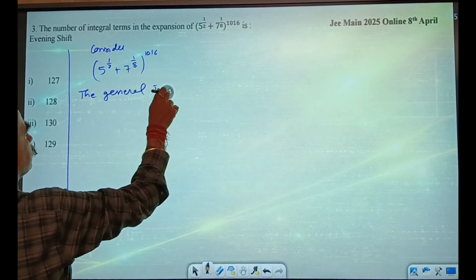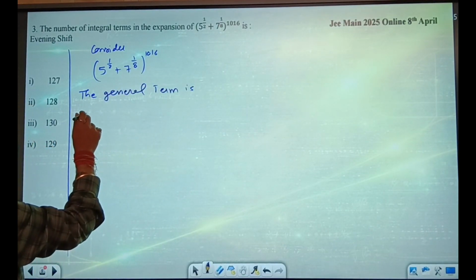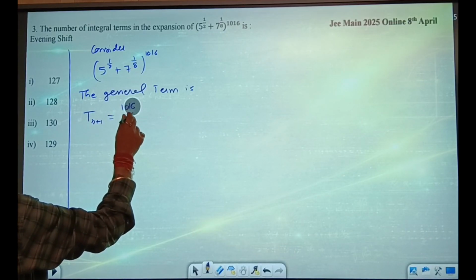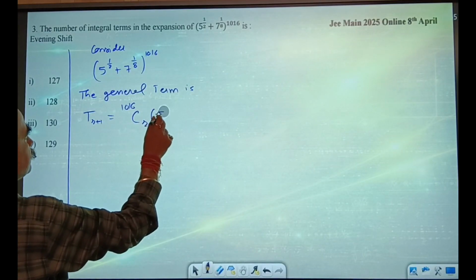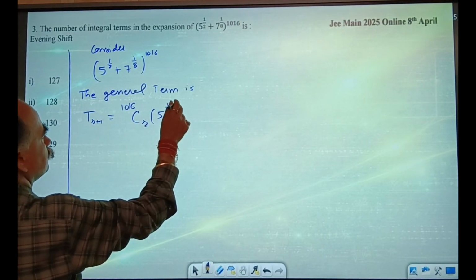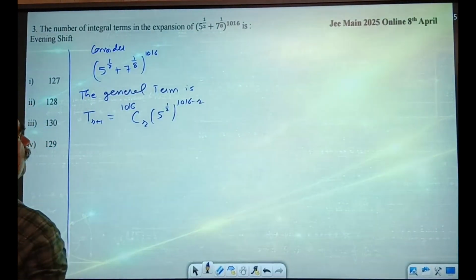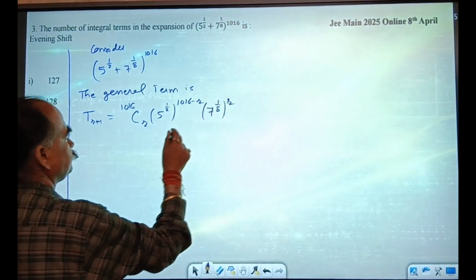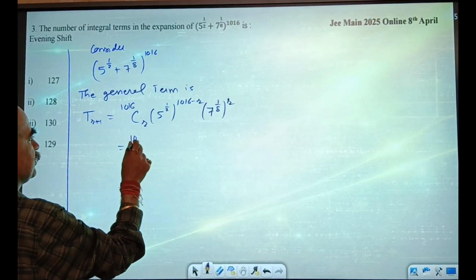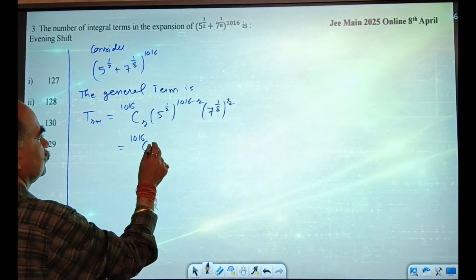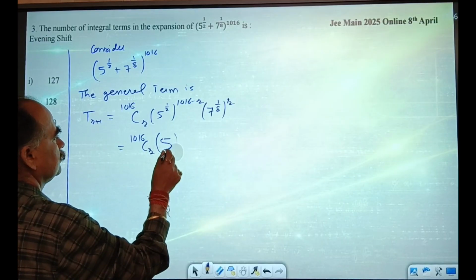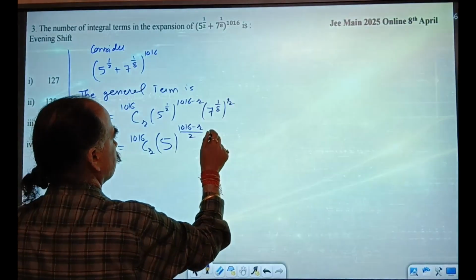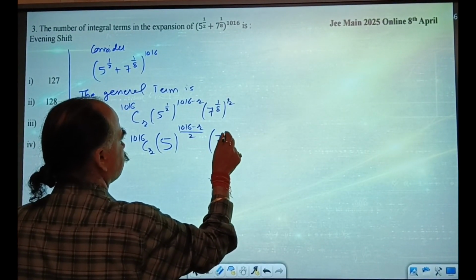The general term is T(R+1) equals 1016CR 5^((1016−R)/2) 7^(R/8), that is, 1016CR times 5 raised to (1016 minus R) upon 2 and 7 raised to R by 8.